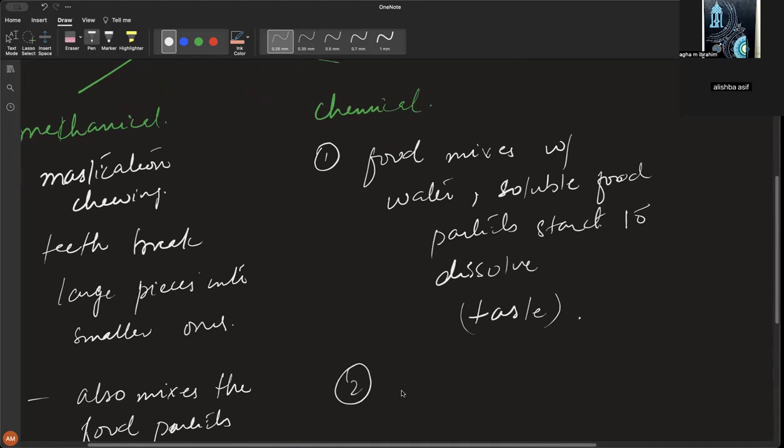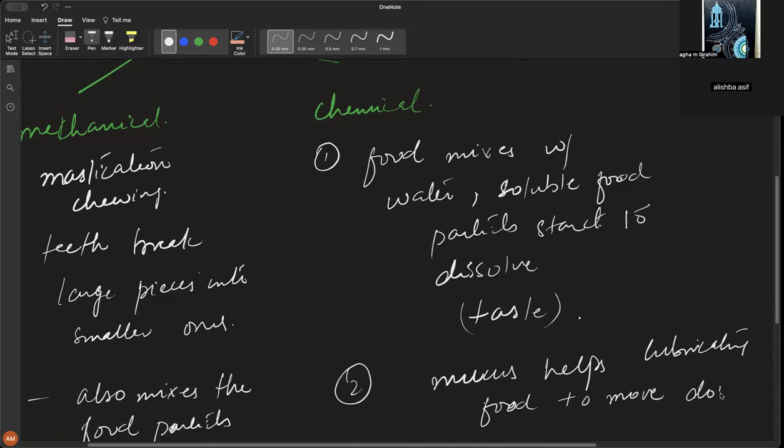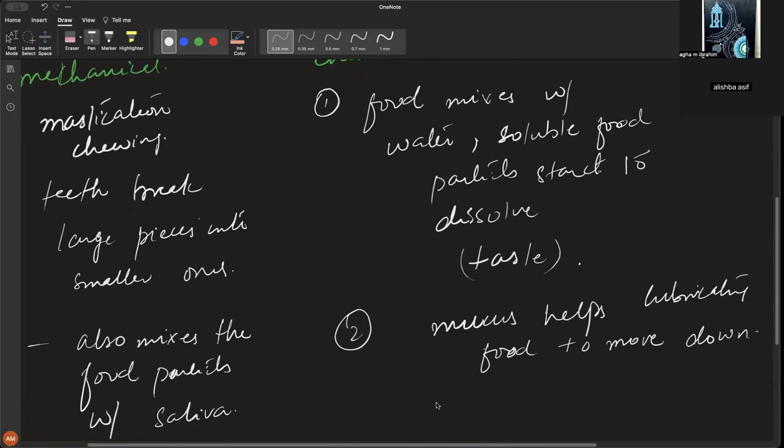Then there is mucus, which helps lubricating food to move down the alimentary canal.